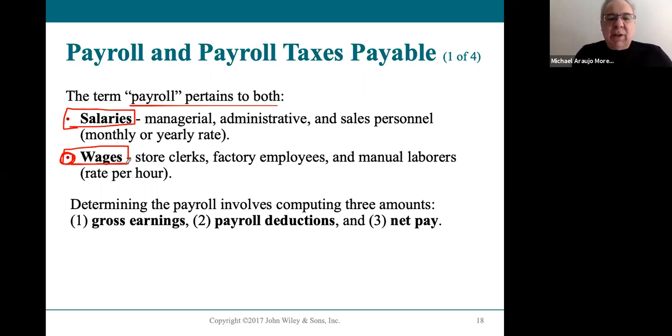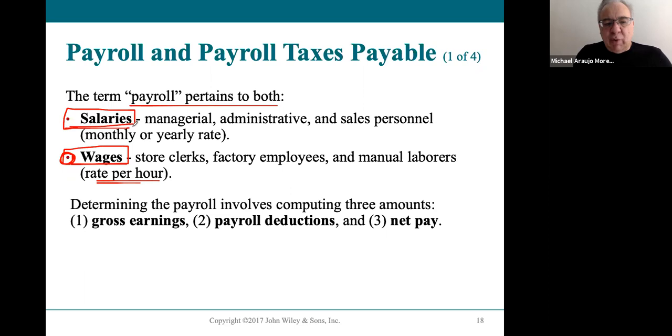And so when we do payroll for wage workers, we have to be aware that the first 40 hours are at the normal rate. Any amount of work over 40 hours has to be at 1.5 times the rate.